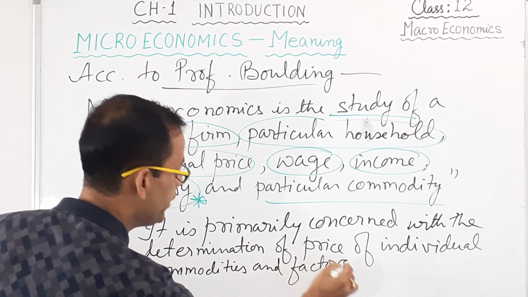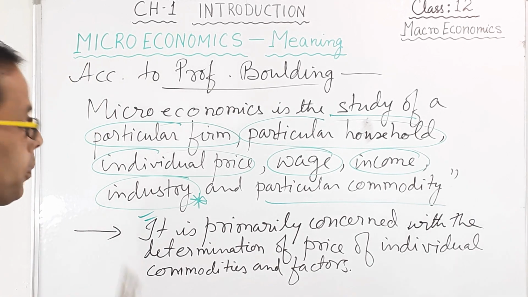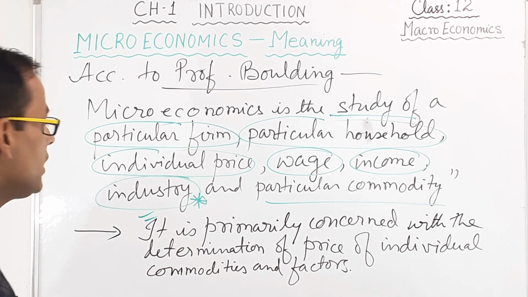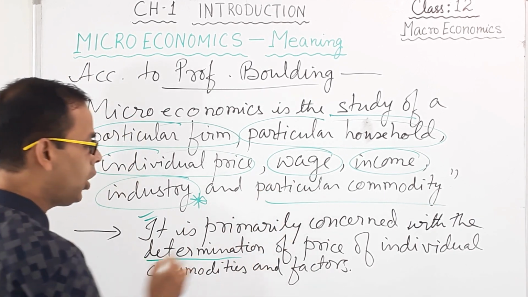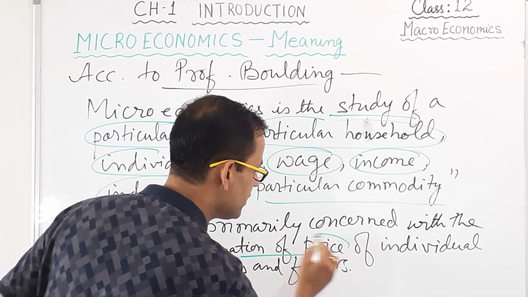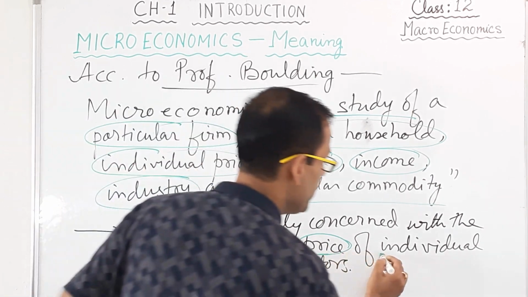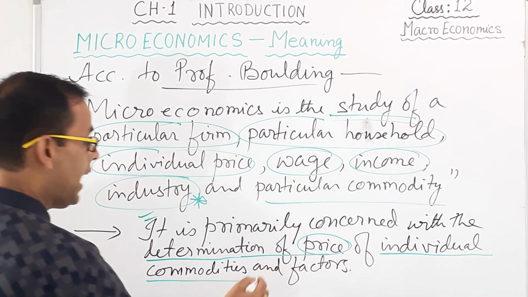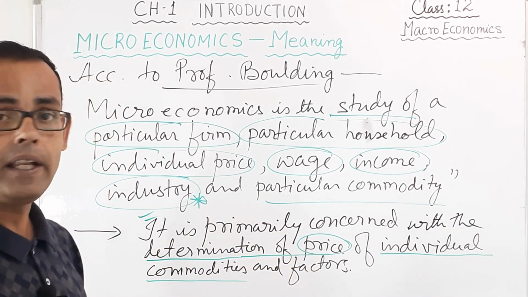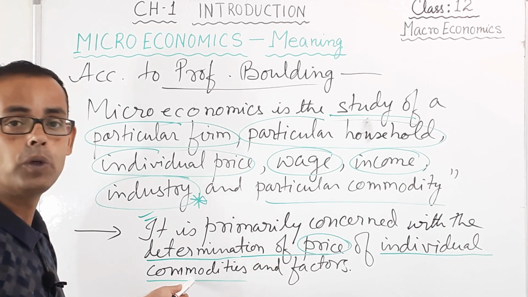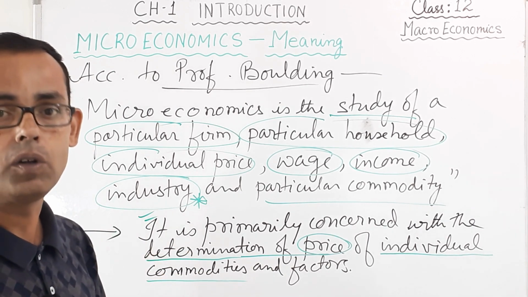That means when we talk about microeconomics, it is primarily concerned with how to determine prices. Price of what? Particular commodities, individual commodities, and the factors which depend on these commodities, we will understand through microeconomics.